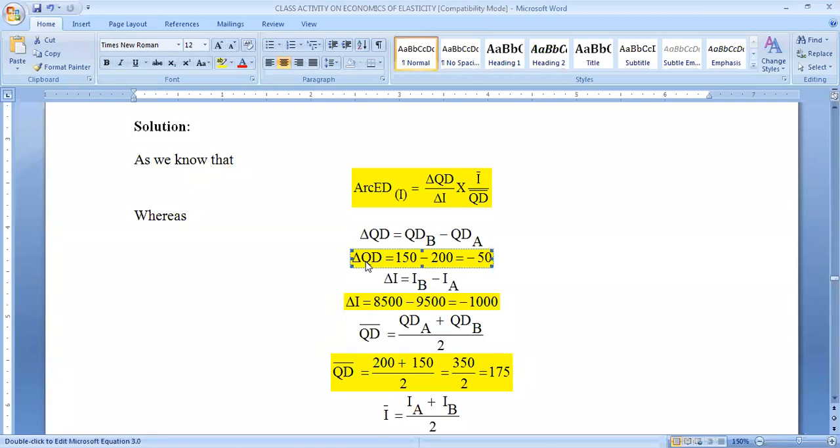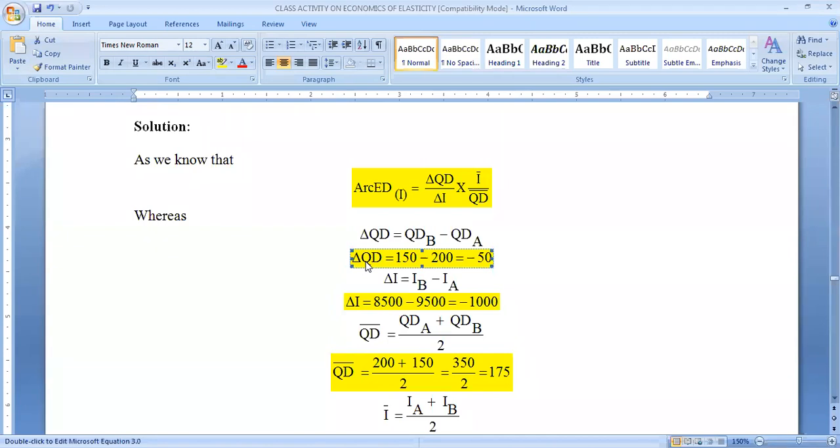It was minus 50 even in the previous case, and it remained as it is because the quantities have not been changed. That is why delta QD remains minus 50 in question number 7 as well. Now let's move towards delta I, which is the difference between the income of the 2 points. IB minus IA is the formula.